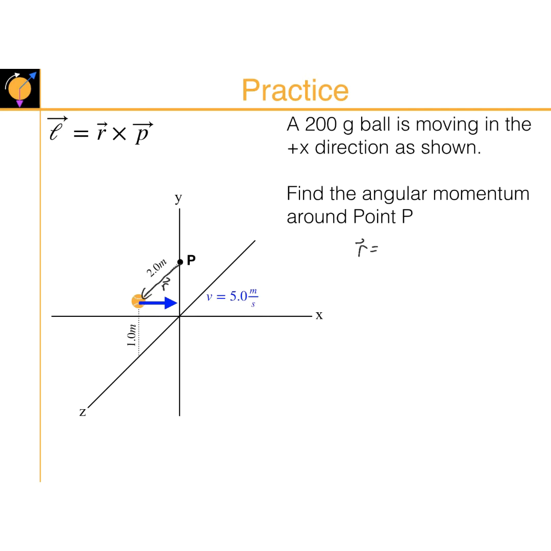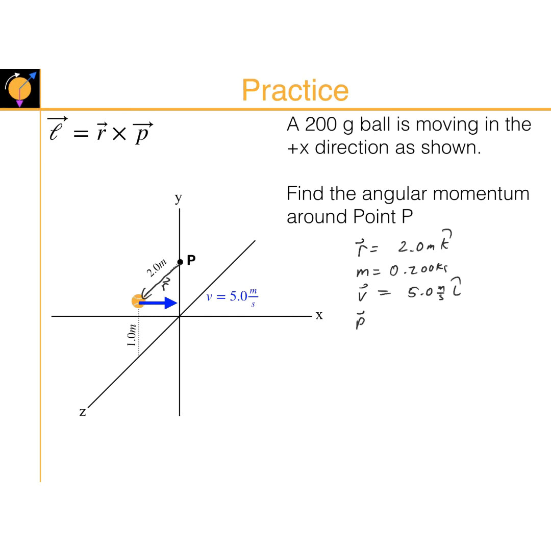So r is going to be 2.0 meters in the k hat direction. The mass is given as 200 grams, so let's put it in kilograms, 0.2 kilograms. The velocity, we're told, is moving along the plus x-axis at 5 meters per second, so 5 meters per second in the i hat direction.